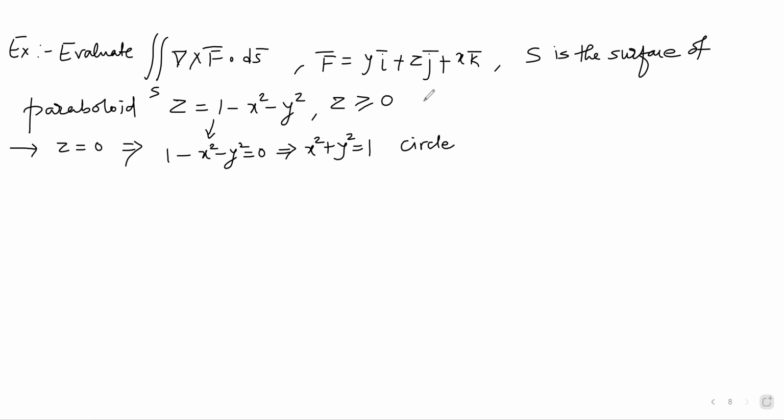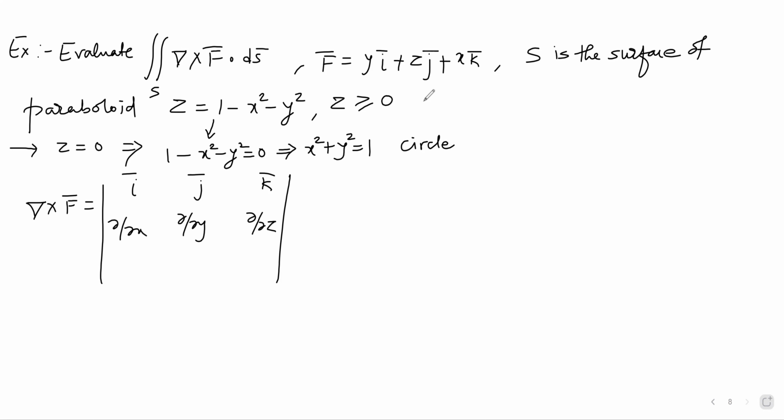So what we do is calculate this double integral of del cross f bar. Del cross f bar is the determinant with i bar, j bar, k bar, del by del x, del by del y, del by del z, and here we have y, z, and x.